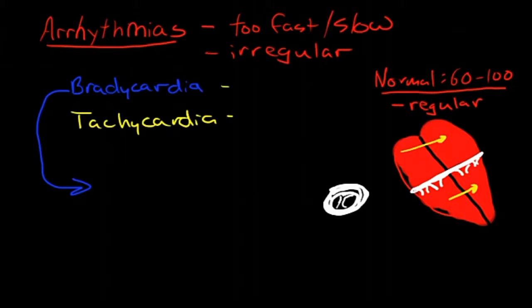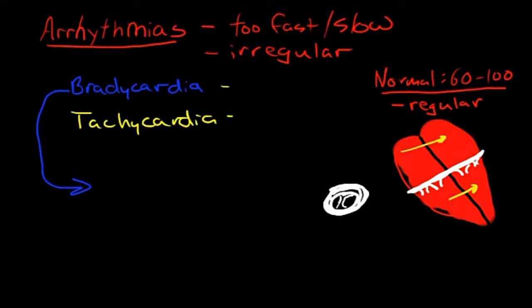The valves and the annuli create a barrier of connective tissue separating the atria and the ventricles. This is very important to understand when we're talking about arrhythmias.